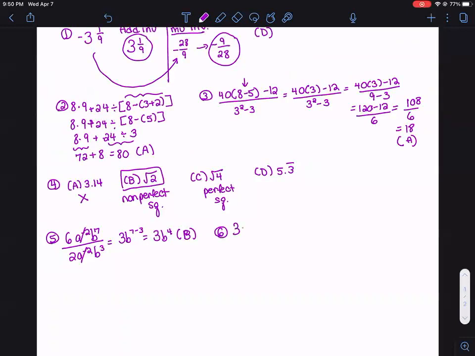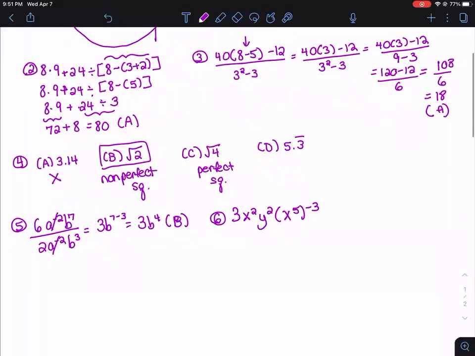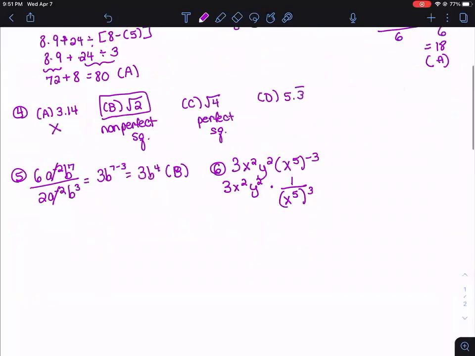Number 6 is 3x squared y squared, and then x to the 5 to the negative 3. So we always like to get rid of negative exponents first. We're going to take this x to the 5 and put it in the bottom, and then it would become positive. And I'll just rewrite what is left over. X to the 5 raised to the 3 is going to be x to the 15.